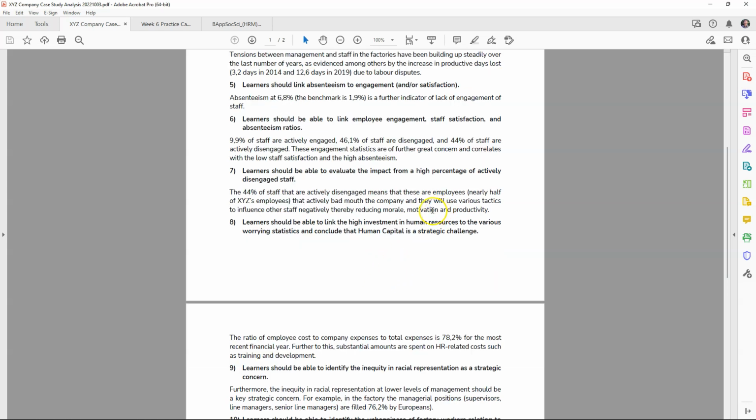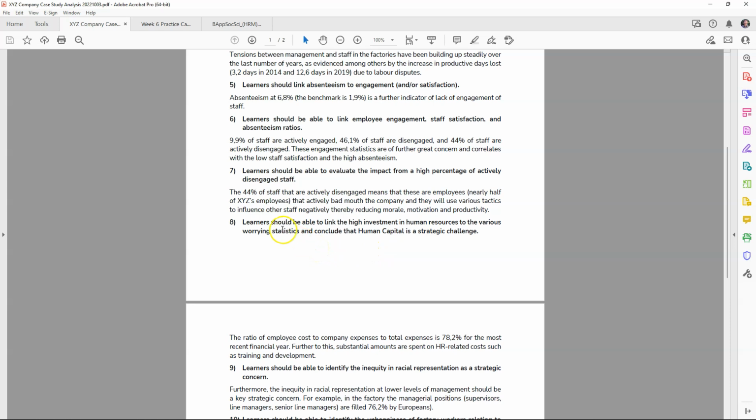And sabotage could be not as explicit as throwing a spanner in the works, literally in the factory production line. It could be all sorts of things that fall under the big banner of, in inverted commas, sabotage.